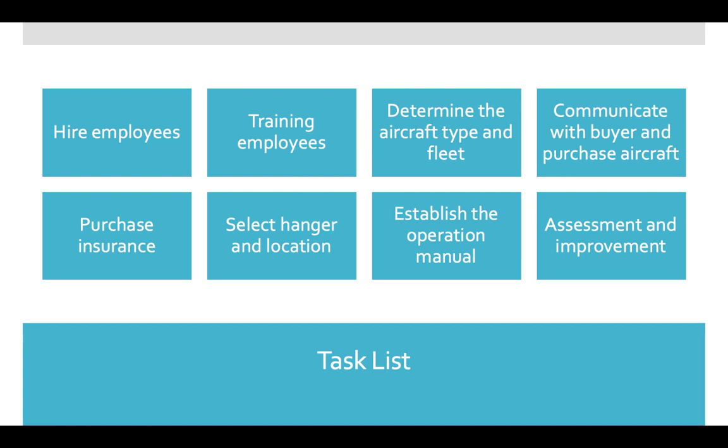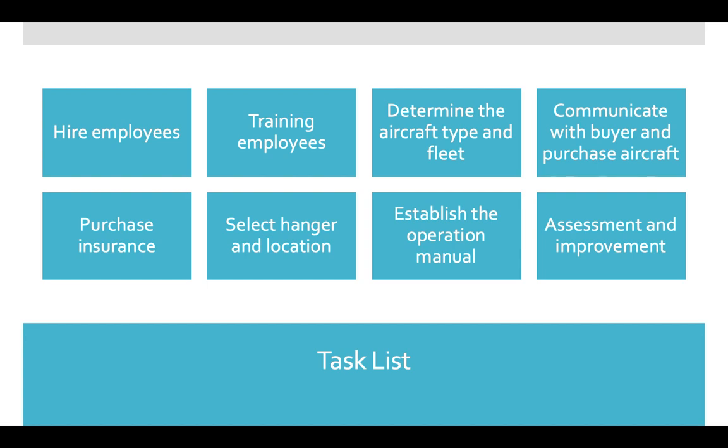What is more, establishing an operations manual is also very important. The manual should contain the administrative, operational, and maintenance procedures. The manual needs to comply with the related regulations and laws.